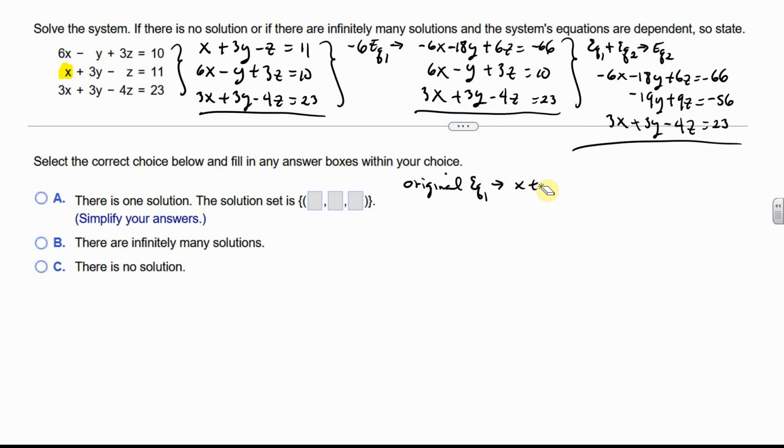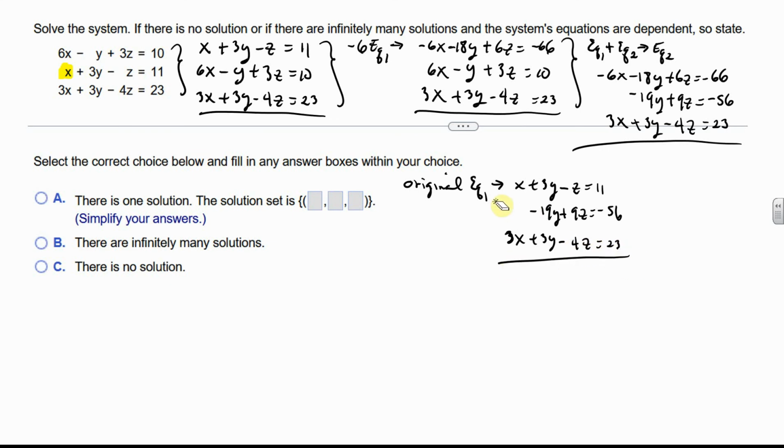So that's x plus 3y minus z is equal to 11. Here I have negative 19y plus 9z is equal to negative 56. And then 3x plus 3y minus 4z is equal to 23.